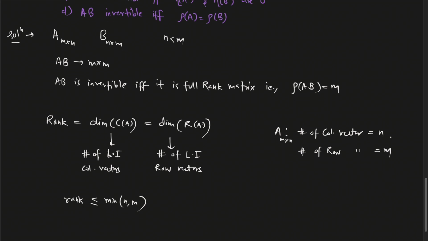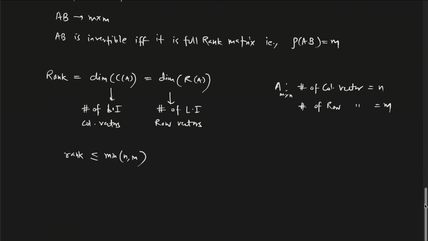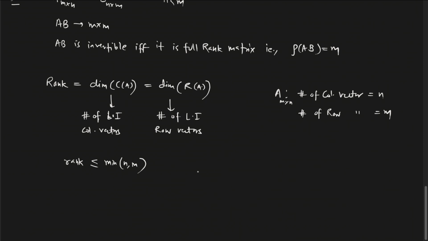So if the number of column vectors is n, then the number of linearly independent column vectors would be less than or equal to n. It cannot be more than n, and the number of linearly independent row vectors should be less than or equal to m. Okay, so the rank should be less than or equal to the minimum of these two.